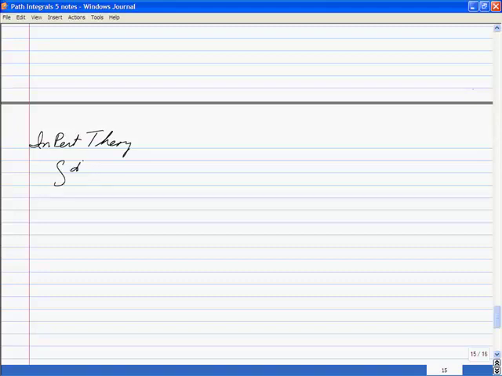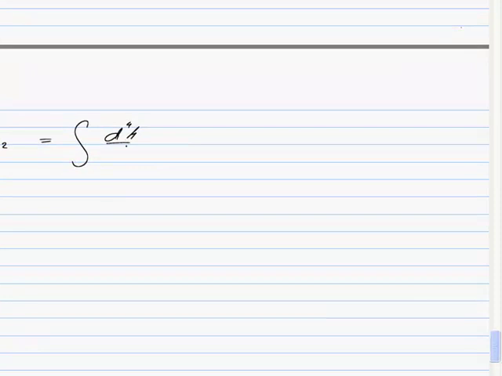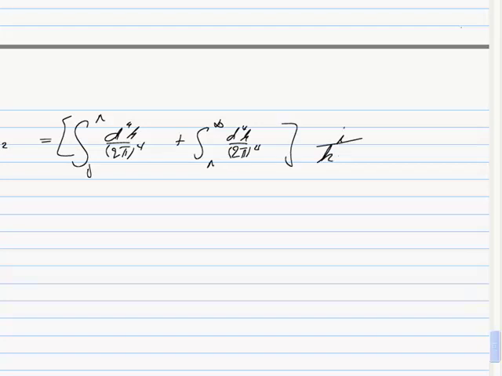You take all your propagators in your theory, d4k over 2 pi to the fourth, i over k squared minus m squared, and you just break that integration up into two pieces: d4k over 2 pi to the fourth up to lambda, plus the integral from lambda to infinity of d4k over 2 pi to the fourth of i over k squared minus m squared.